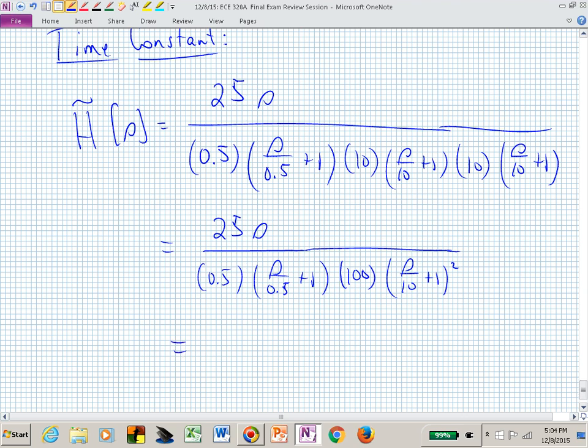Or we have, what, 25 divided by 1/2 is 50, divided by 100 is 1/2, so that we end up with 0.5 s over 0.5 plus 1 and s over 10 plus 1 squared.